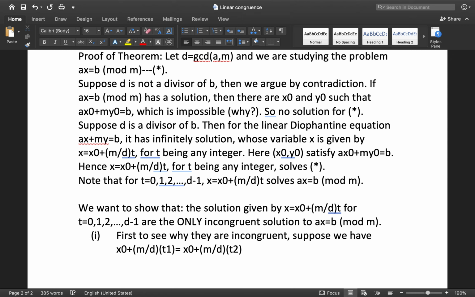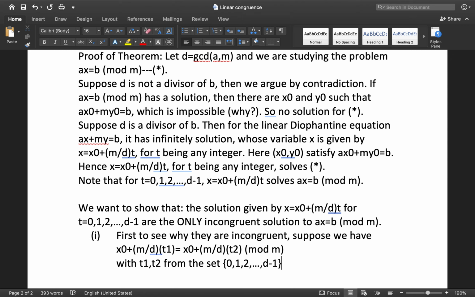This is true for congruence modulo M, with, of course, T1 and T2 coming from the set 0, 1, 2, up to d minus 1.